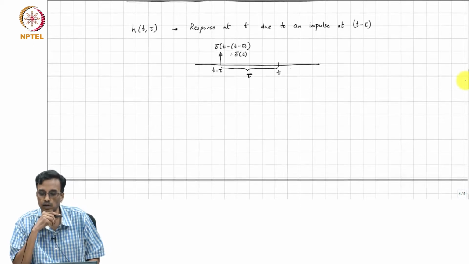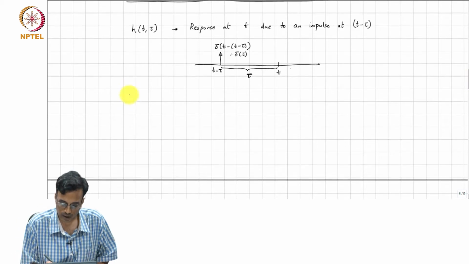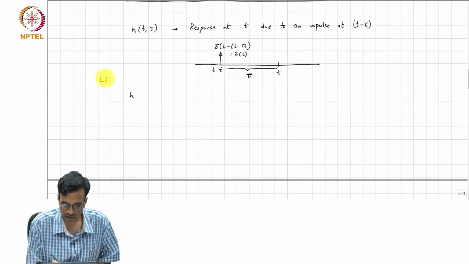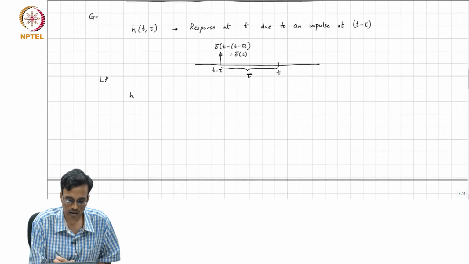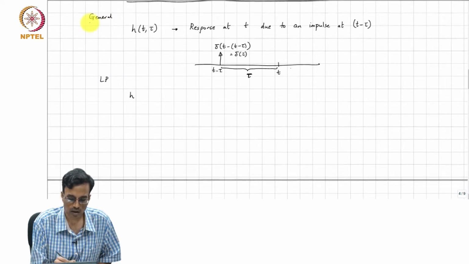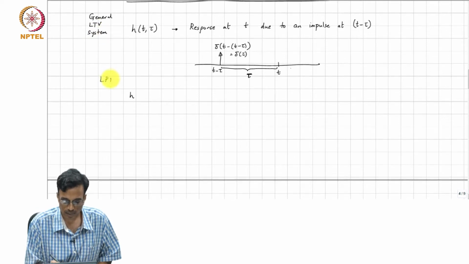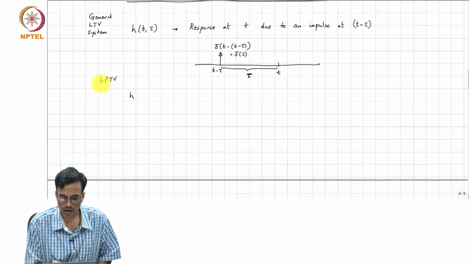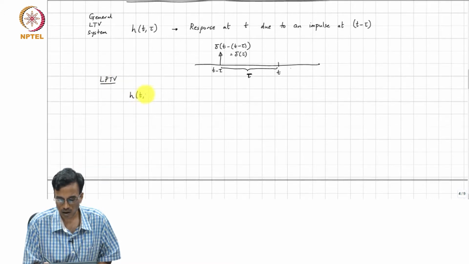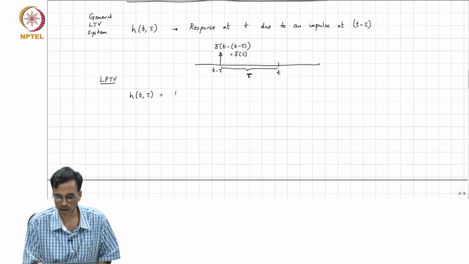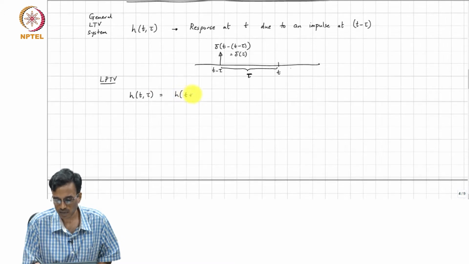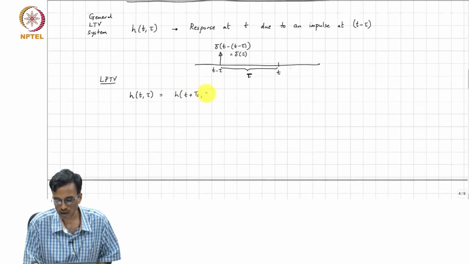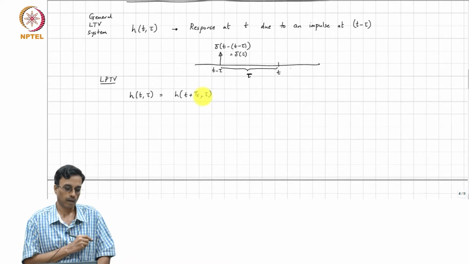All right. Now, what comment can we make with regard to an LPTV network? This is for a general linear time varying system, right. In an LPTV network, h of t comma tau is nothing but h of t plus T s comma tau, all right.